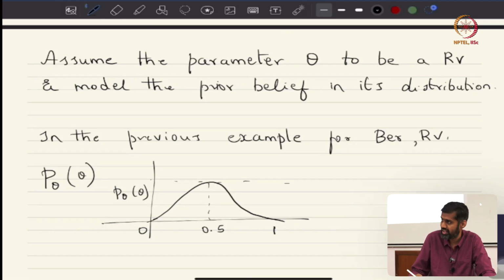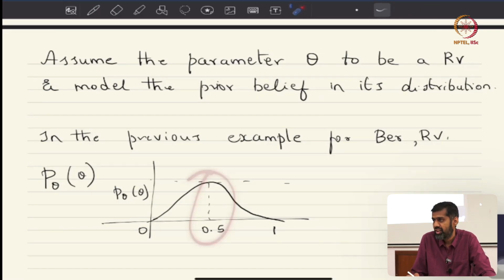So what is this actually saying? This is saying that I know that the value of theta being around 0.5 is the most likely. Now given that I already know this, estimate my theta is the question that I am asking, no matter what my data say. If I only stop here, then I am completely oblivious to data.